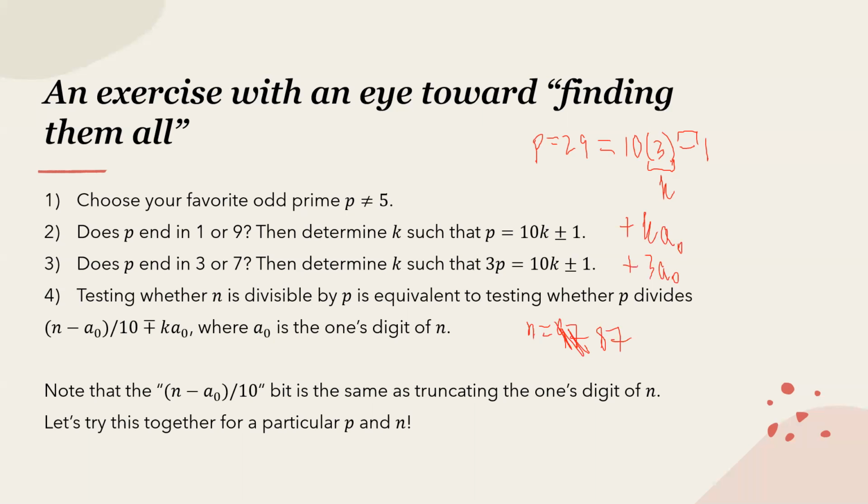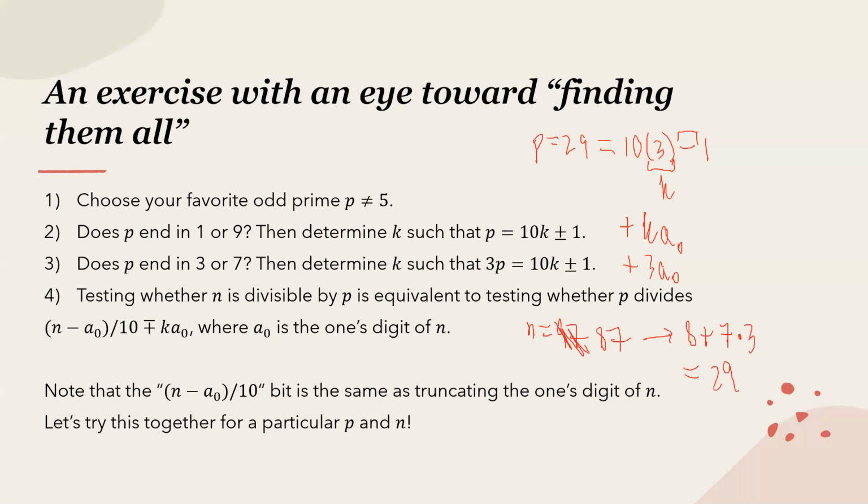So we truncate the last digit, so you go 8, and then add 7 times 3. So that's 8 plus 21, which is 29. Is that divisible by 29? Yes, it actually is.